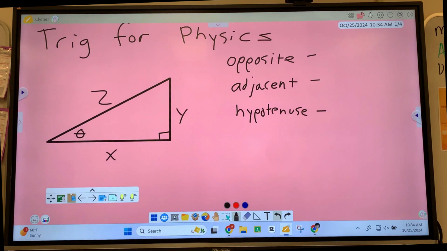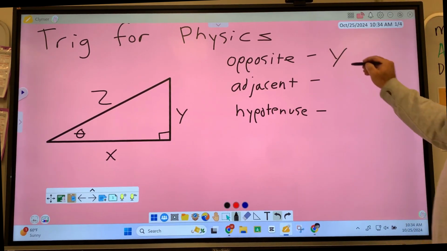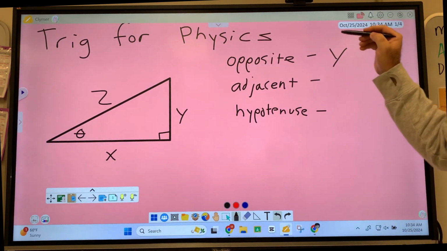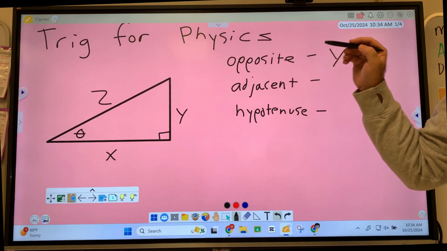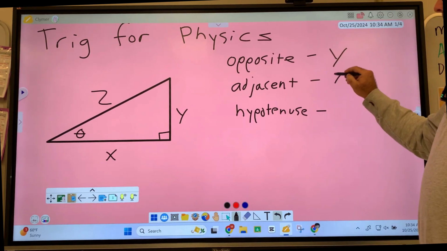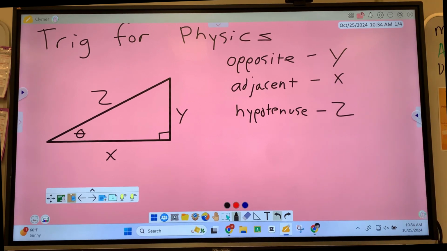Given our letters on this diagram, and we're talking about our angle theta, what is the opposite side from angle theta? What do I have that listed as? Opposite is y. Good. Which one is adjacent to the angle theta? Now this is the harder one. Is it x or is it z? It's x. Why? Z is the hypotenuse. The hypotenuse is the one that is opposite the 90-degree angle.